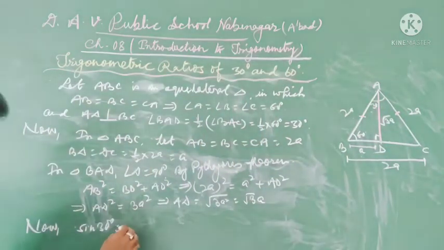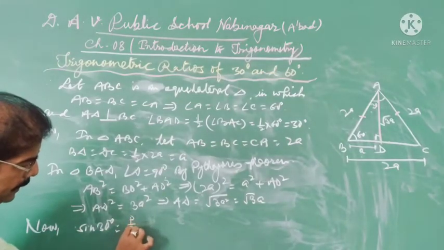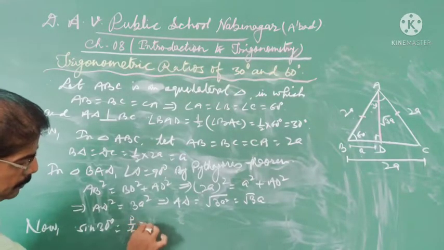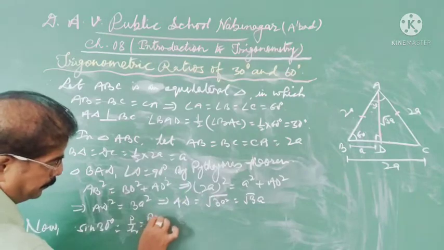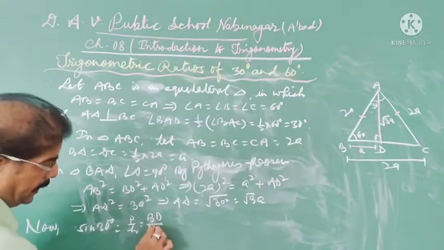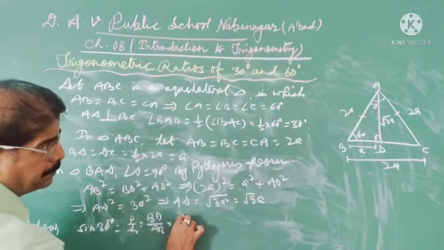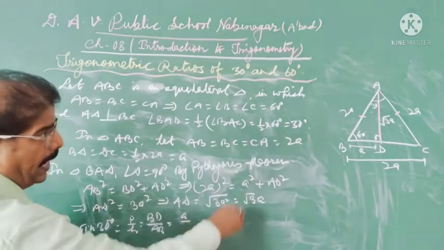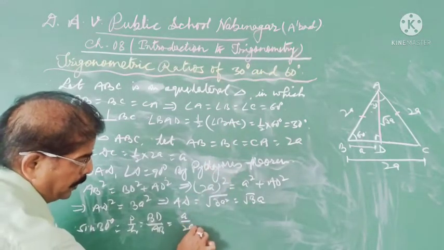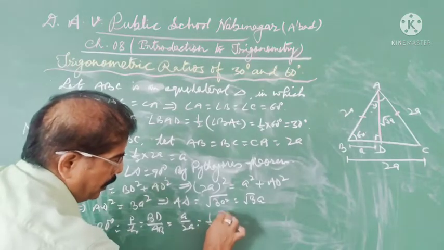So sin 30 is P by H, that means P is BD, H is AB, that is BD equal to a and AB equal to 2a, a cancel, 1 by 2.